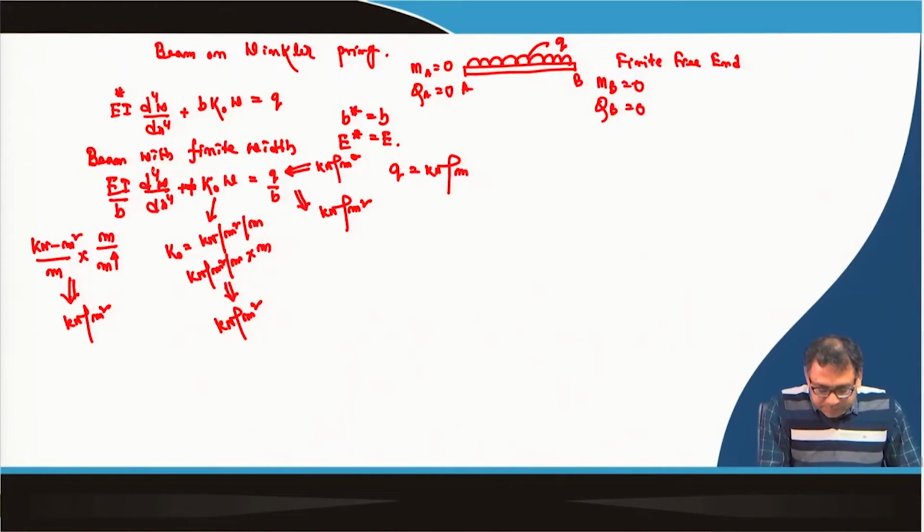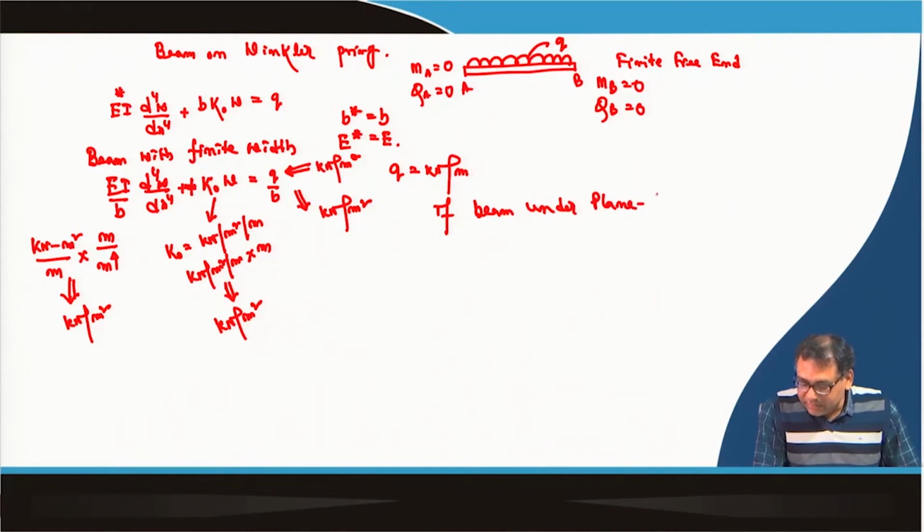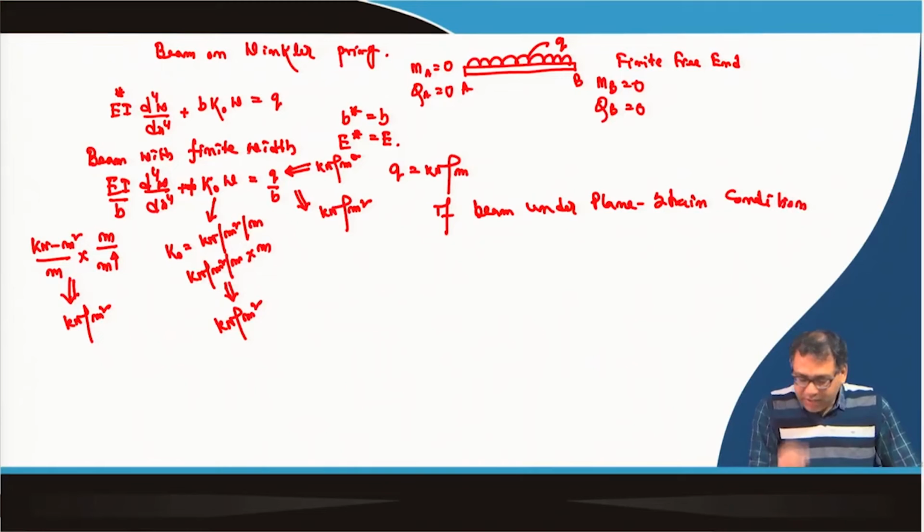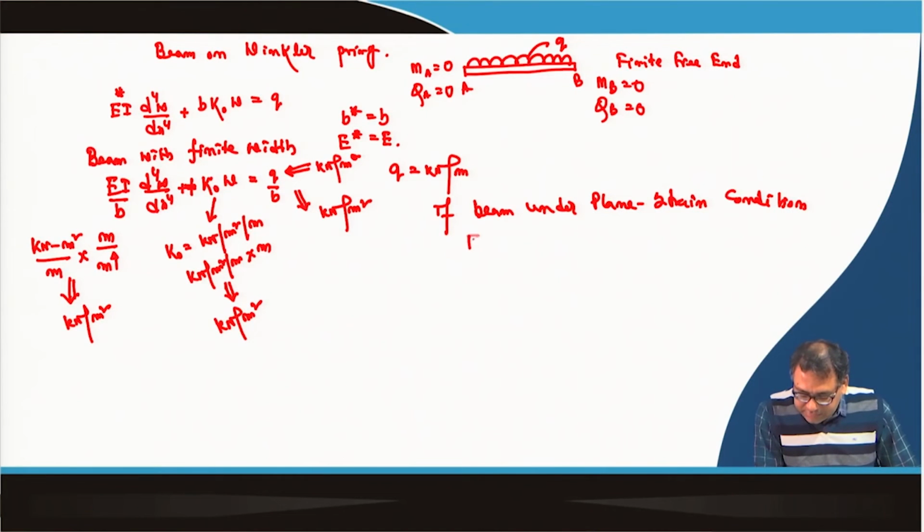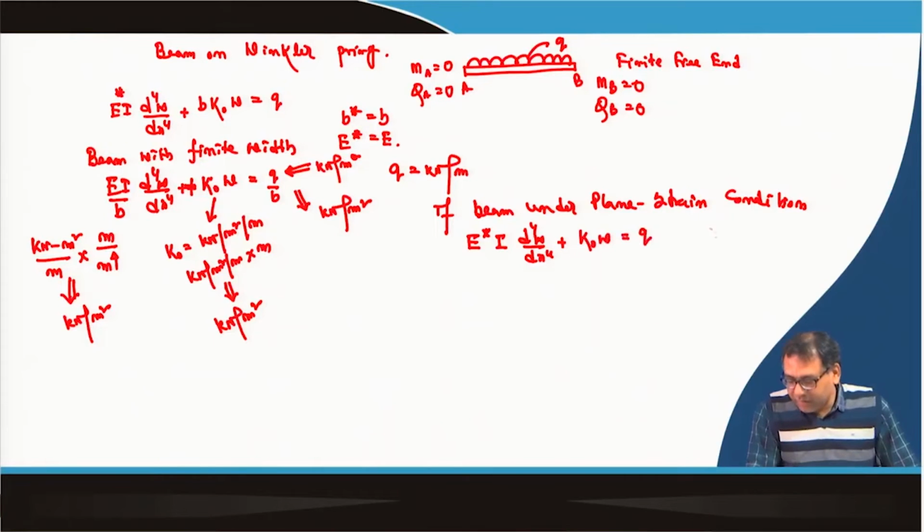And finally I can write that for a beam under plane strain condition, because this is a beam with finite width, this will be E star I d4W dx4 plus k0 W, this is equal to Q, because under that condition B is equal to 1.